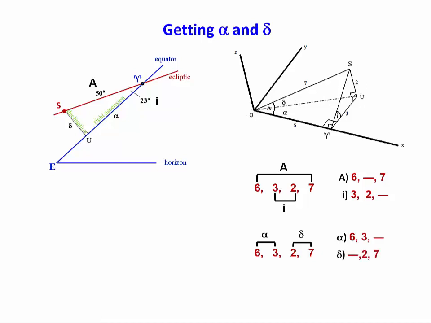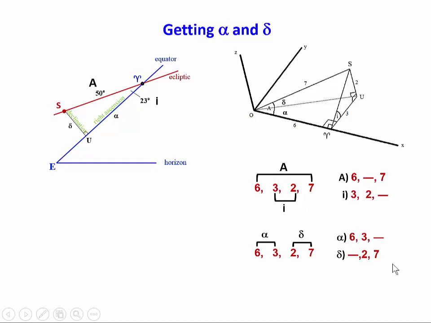Now this gives us a method which we can use over here on the left, because we're given A and I. That's the problem. We're given A and I, and we need to find alpha and delta. So given A and I as triples, we simply slot these two numbers in between the 6 and 7 there to get this quadruple, and once we've got the quadruple, we simply take the first two numbers for alpha and the last two numbers for delta.